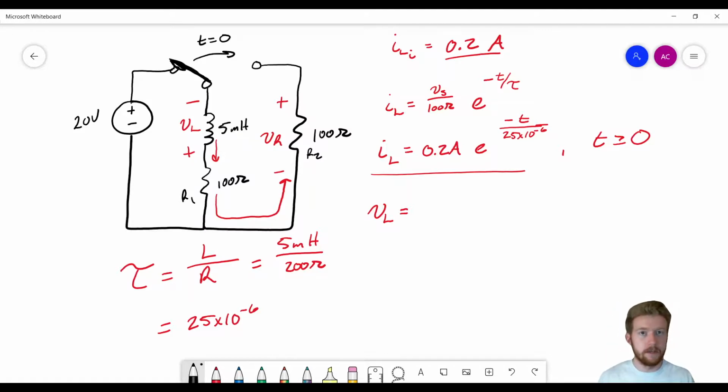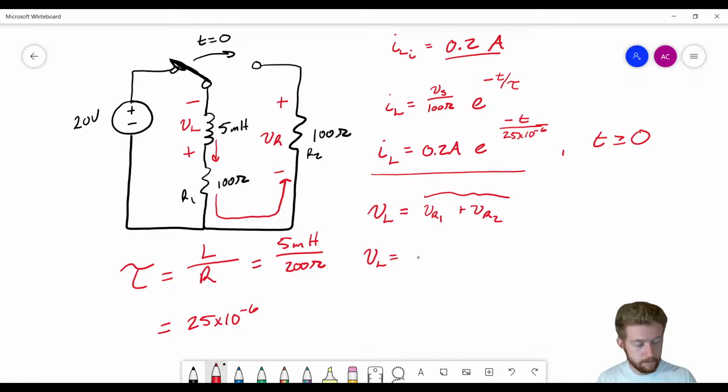The voltage across the inductor has to be equal to the voltage across the first resistor, so VR1, plus VR2. And this is just Kirchhoff's voltage law. Okay, this is Kirchhoff's loop rule. And all I did was substitute Ohm's law in here, so we get VL is equal to IL times these two resistors, R1 plus R2.